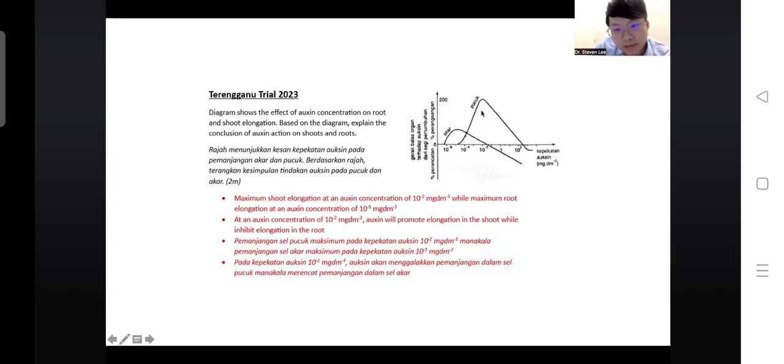This point, right? So what it means is that if I talk about 10 to the power of -2, actually the auxin will promote elongation of the shoot and inhibit the elongation of the roots. That's the conclusion. That's the usual physiological dose of auxin in the shoot and root, which causes phototropism and geotropism.